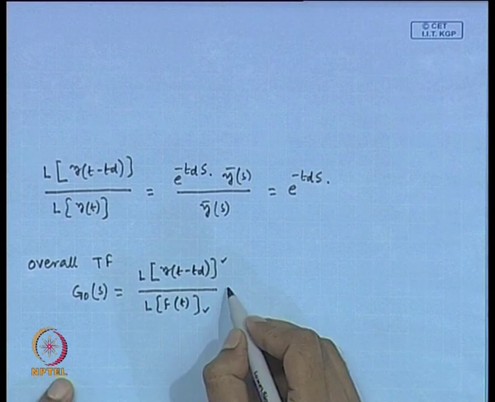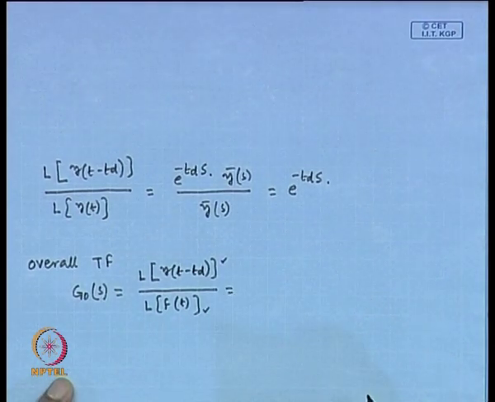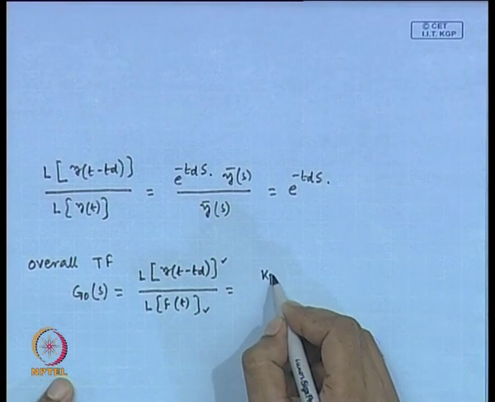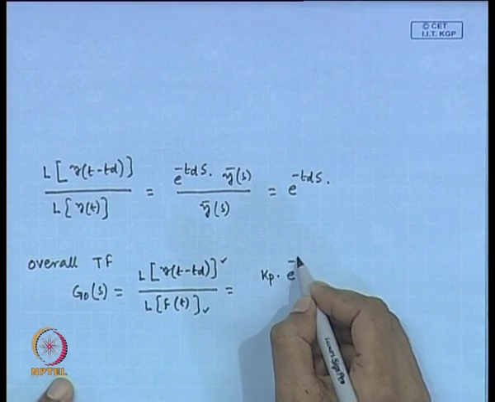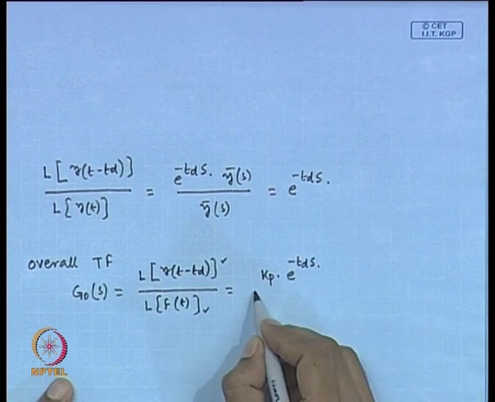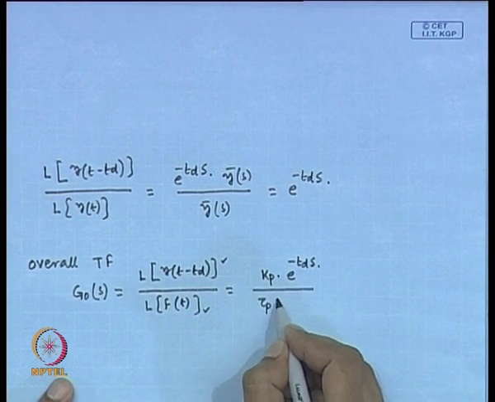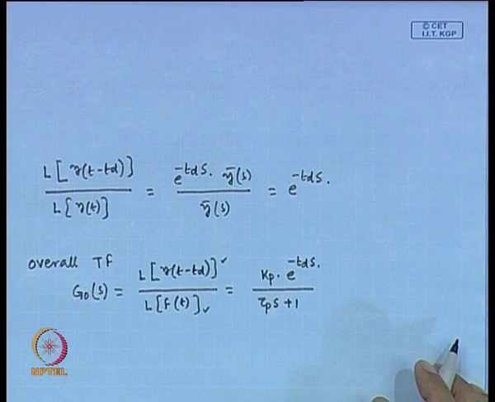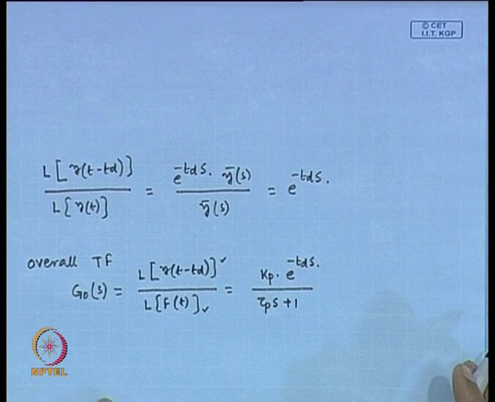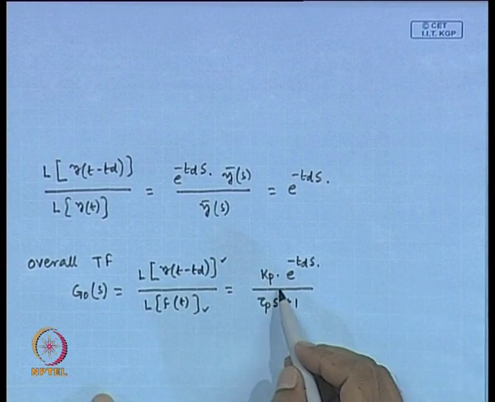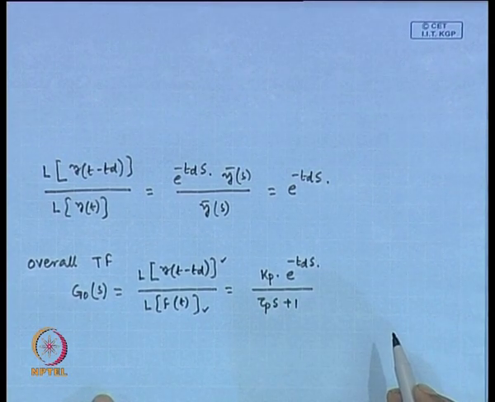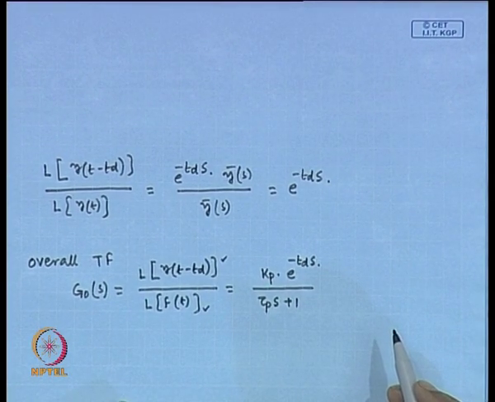If we consider a first order process, then the overall transfer function becomes Kp exponential of minus tds divided by tau p s plus 1.